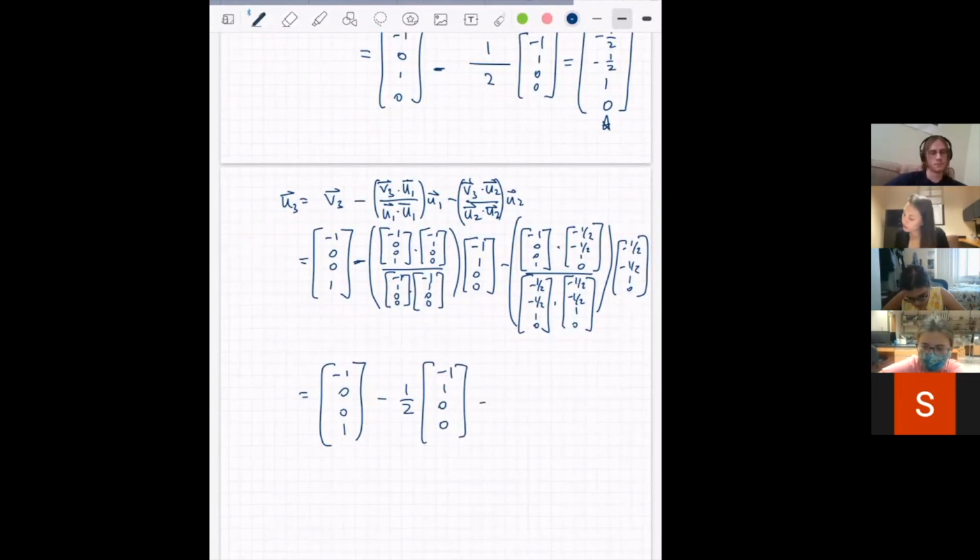And then here we get 1/2 plus 0. Okay, so just 1/2 in the numerator. And the denominator gives us 1/2 plus 1, 3/2. Yeah, I think so.